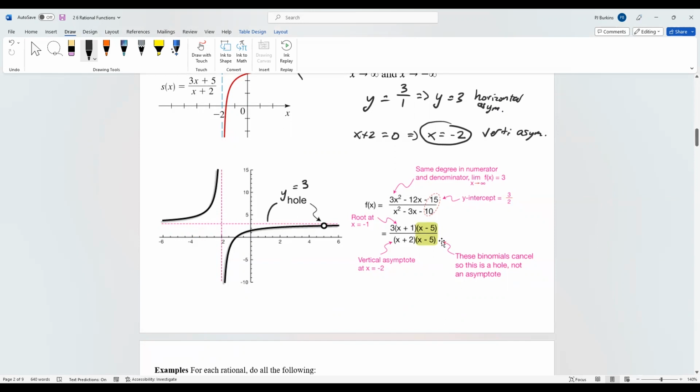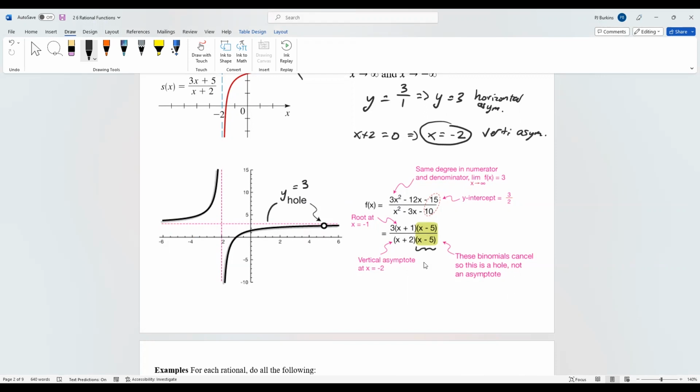Furthermore, if we would like to find if there are any holes, then we need to factor the numerator and denominator. So you'll see the factored form just below here, and you'll see highlighted that we have x minus 5 over x minus 5. So x minus 5 is a factor in the denominator, and the root would be x equals 5. That also happens to be in the numerator. Because of this, this is not a vertical asymptote, but instead a hole.